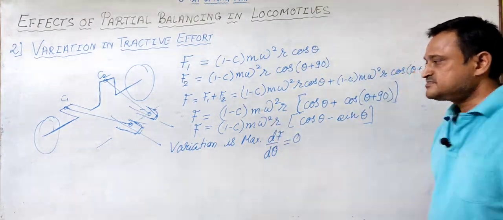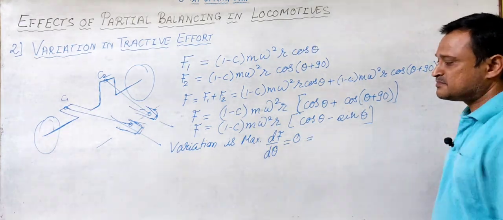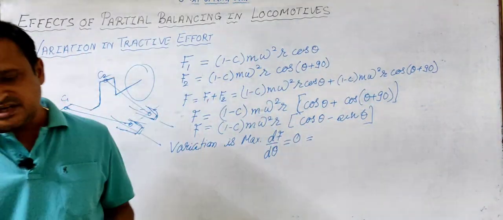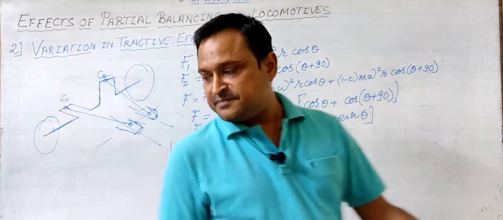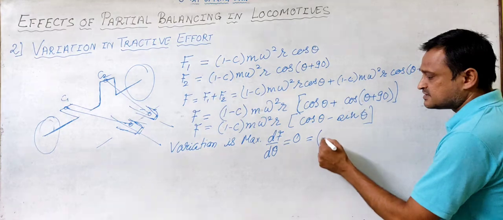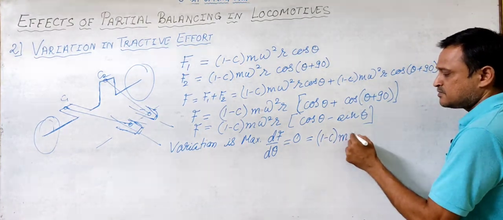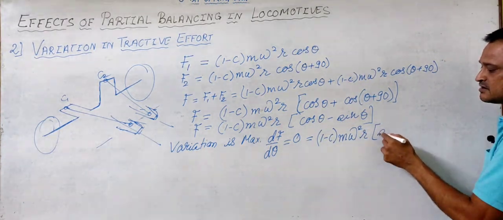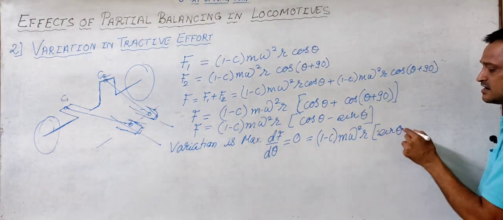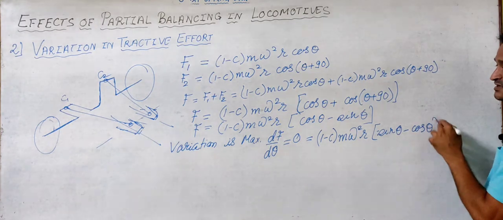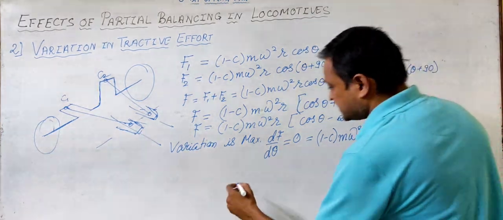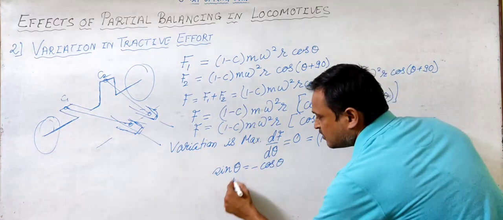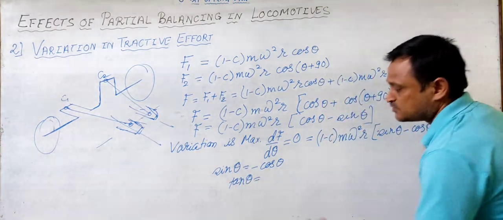So when we differentiate it with respect to theta, we will get (1 minus C) m omega square r times (minus sin theta minus cos theta), which is equal to 0, or I can say sin theta is equal to minus cos theta, or tan theta is equal to minus 1.